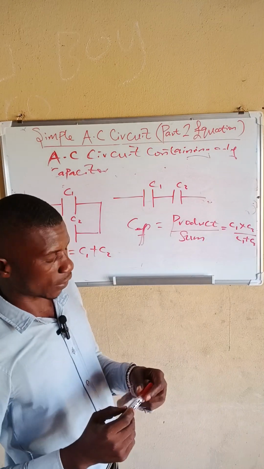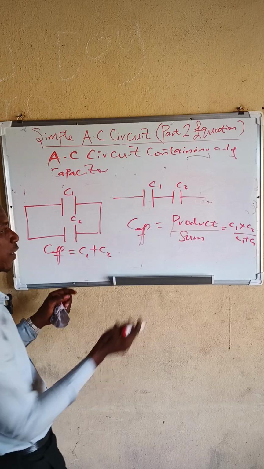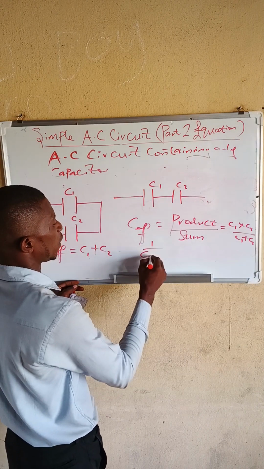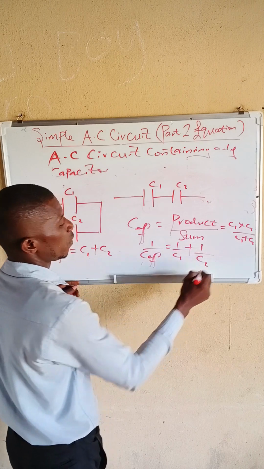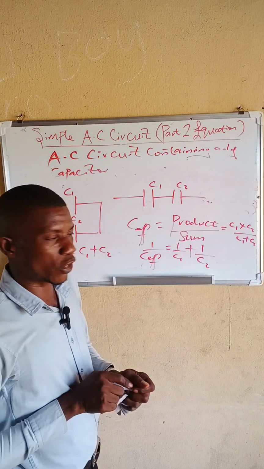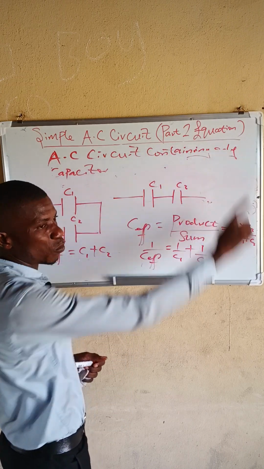This can also be given as 1 over C effective equal to 1 over C1 plus 1 over C2. So these are the equations for simple AC circuit part 2.